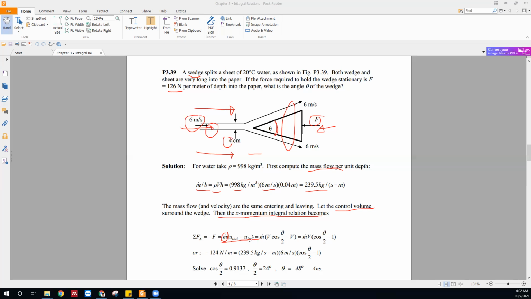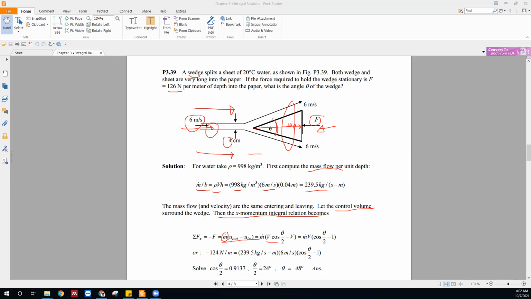Now, because the velocity is a vector, we need to calculate in one particular direction. So if we consider that the inlet direction is this one, then the outlet velocity u out should be V multiplied by cos theta by 2, because you see this is the inlet direction of velocity, u in, right?